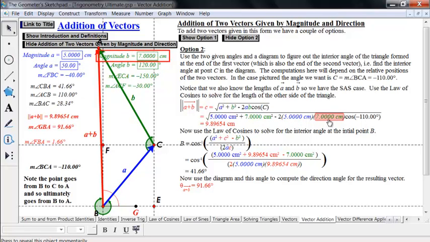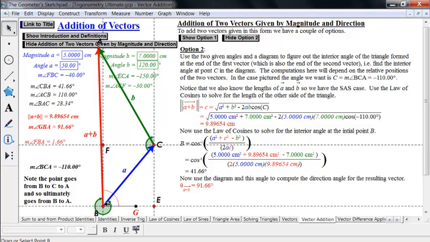The angle there is the angle we figured out for C, which is 110, should be a positive 110. And then the magnitude turns out to be almost 10, 9.89654 centimeters.